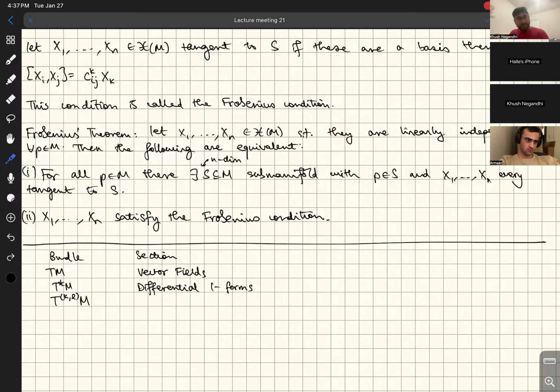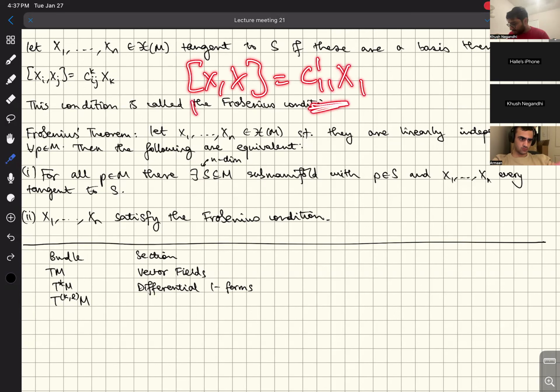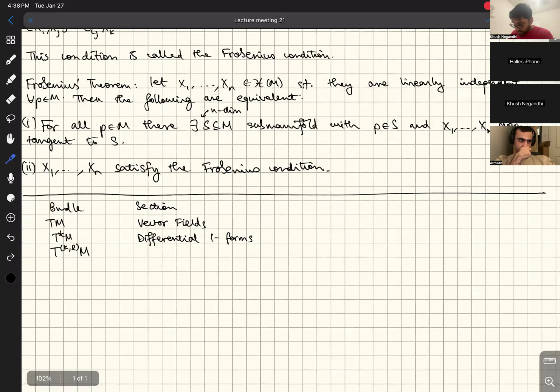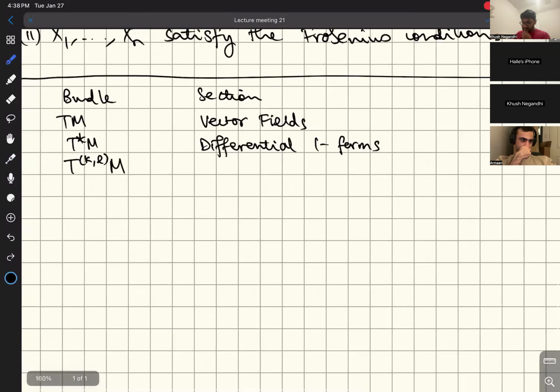With one vector field, the Frobenius condition is obviously true because the Lie bracket of a vector field with itself is zero. So it's vacuously satisfied, and then we saw that the integral submanifold is the integral curve. Any other questions?